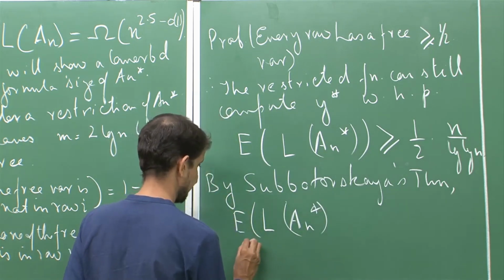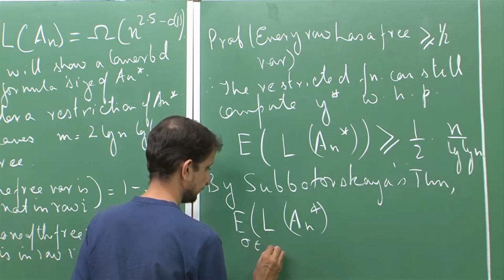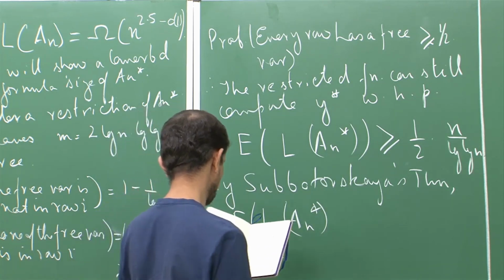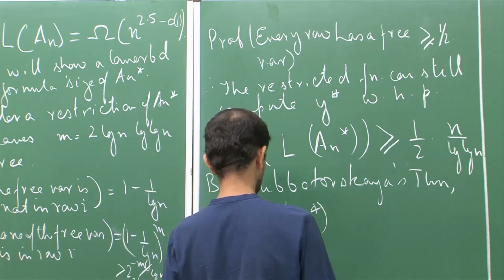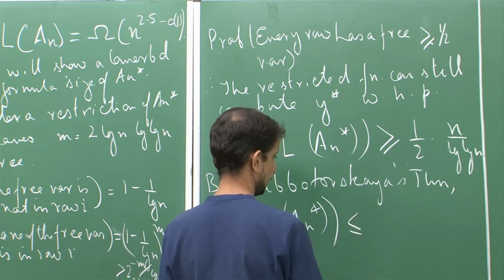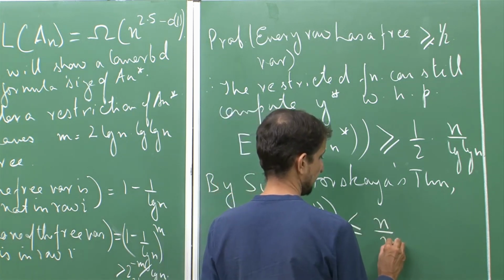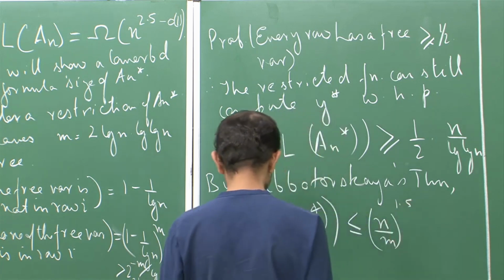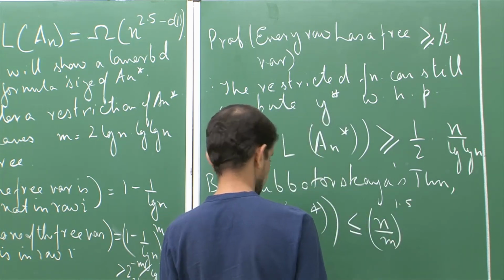If you look at the expectation over sigma in R n m, this has a bound of m by n whole to the power 1.5.